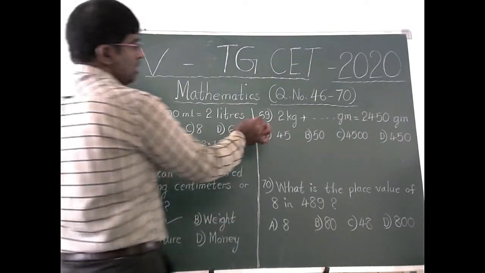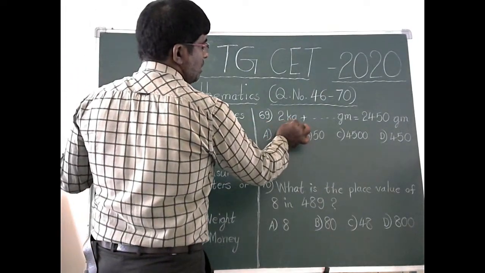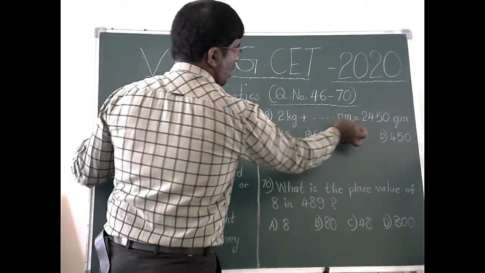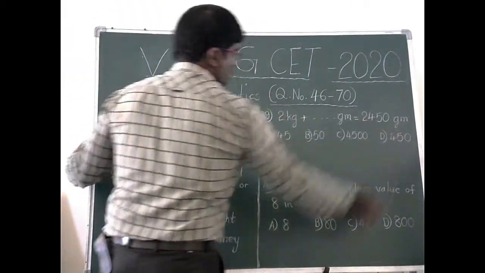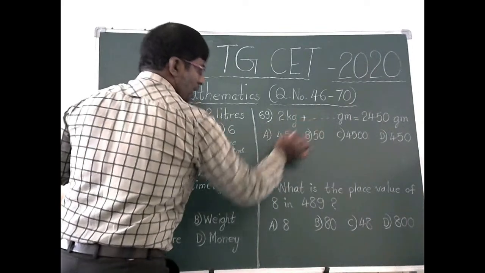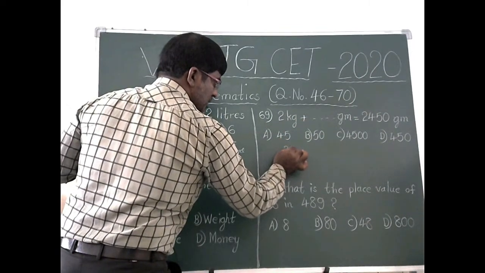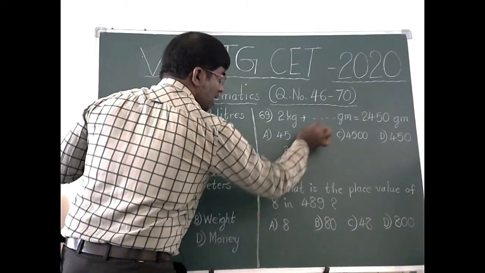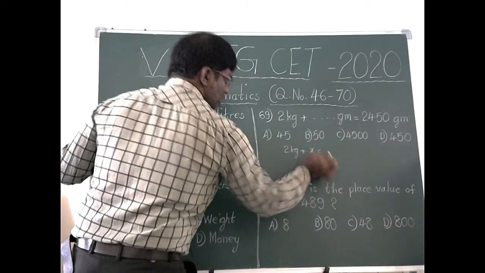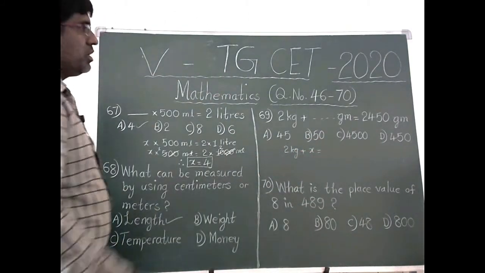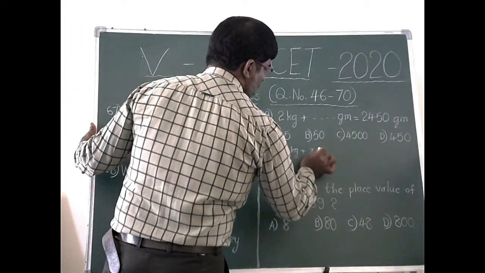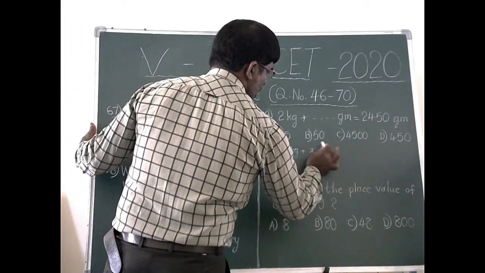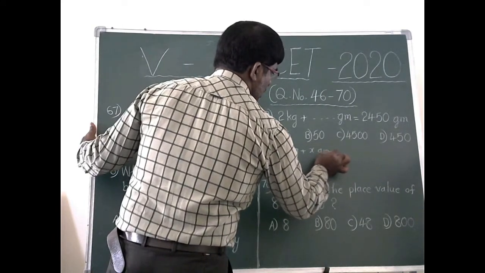Next, problem number 69. 2 kgs plus dash grams equal to 2450 grams. Here a blank is given, so let x, an unknown value, be x grams.